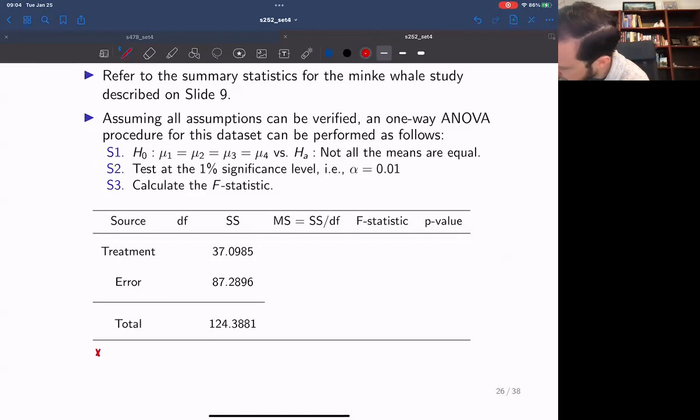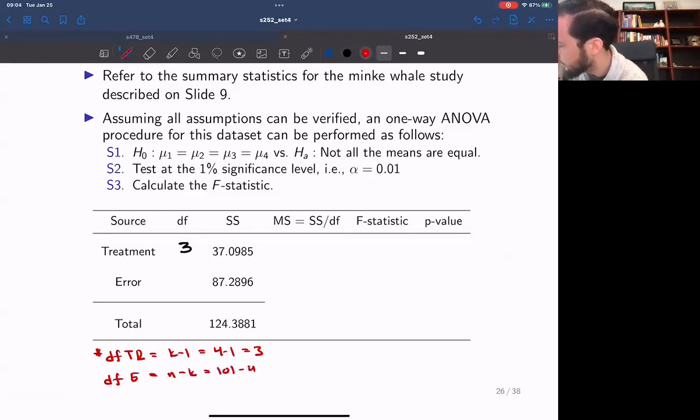So DF treatment, or DFTR, I think is how I've been referring to it, is equal to K minus 1, which is 4 minus 1, which is 3. The DF error is equal to little n minus k, which for us is 101 minus 4, which is 97.